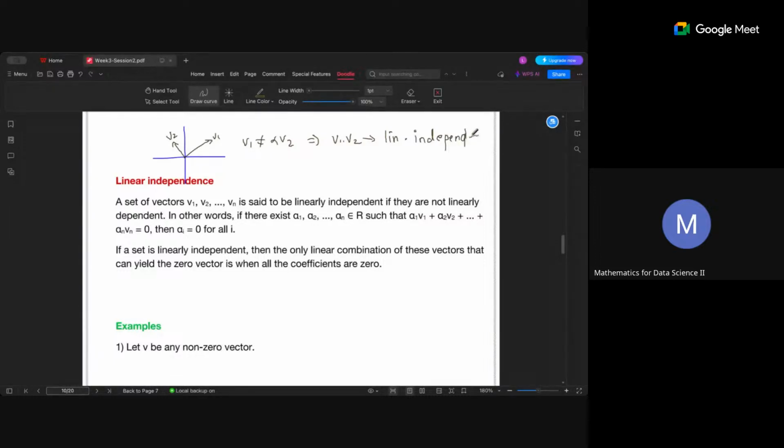It means one cannot be expressed using the other. Ma'am, what about the negative direction? In the negative direction, they will still lie on the same line. You just have to multiply with a negative scalar. Then they will be linearly dependent. As long as they lie on the same line. V1 and V2 are not on the same line.